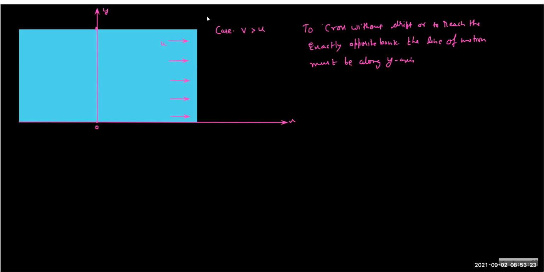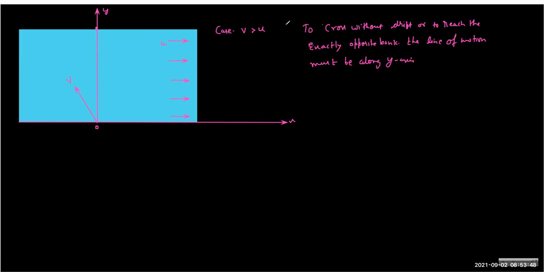If you try to move this way, then definitely the line of motion will be like this because the flow is towards the right. So to cancel the effect of flow, what will you do? You will try to tilt opposite, and then you can cancel the effect of flow.